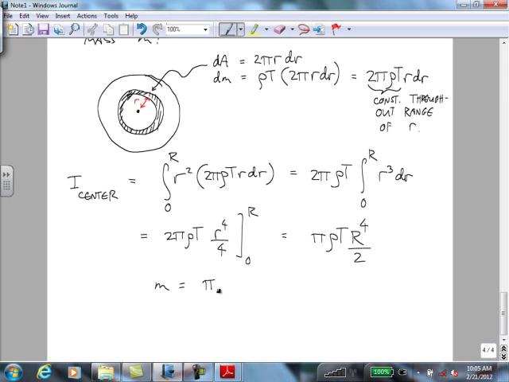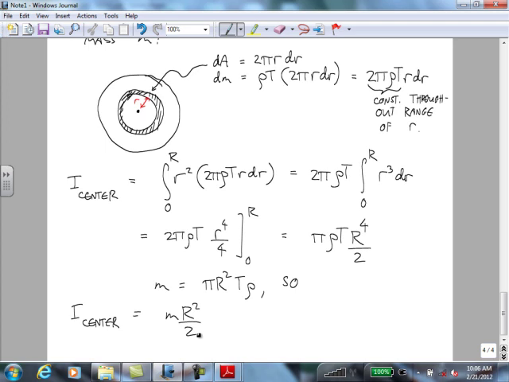So the moment of inertia about the center is equal to mass r squared over 2. Any questions about that?